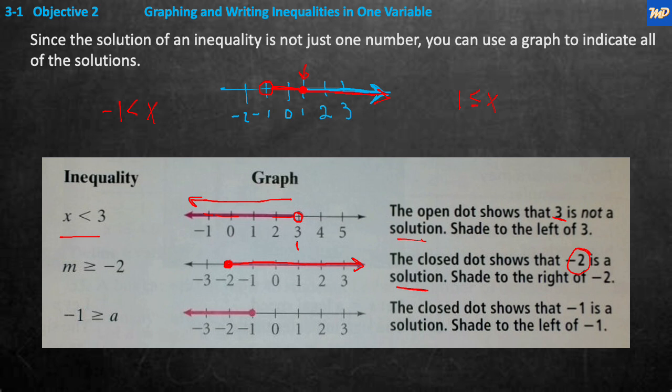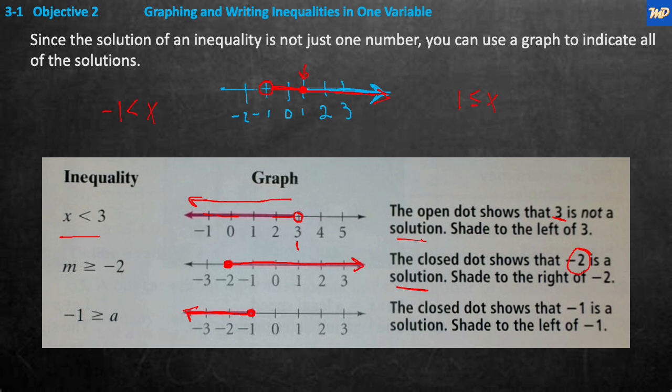And then how about this? -1 is greater than or equal to a. Well, here's -1, greater than or equal, so we're going to include the -1. Now does the line go to the left or to the right? Well, it says that -1 is greater than whatever a could possibly be. So -1 has to be greater than or equal to anything and every dot available.